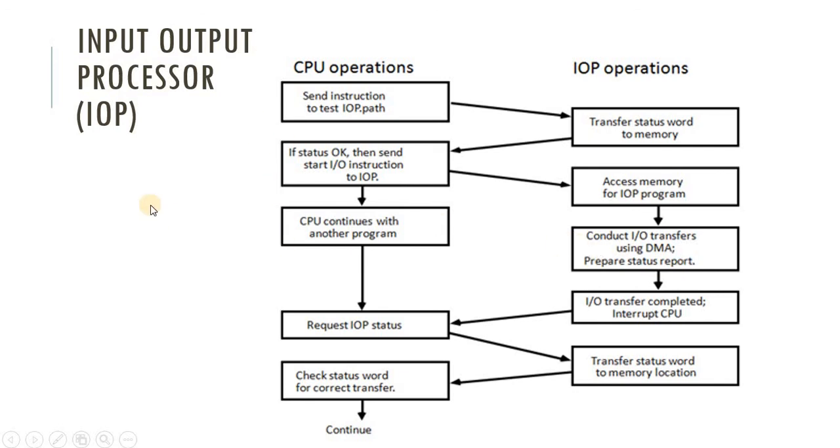Meanwhile, the CPU is not in the idle state. The CPU continues with the execution of another program. After the IO transfer is completed, the IO processor interrupts the CPU. After transferring all the data from the peripheral device to the memory, the IO processor sends the interrupt signal to the CPU.